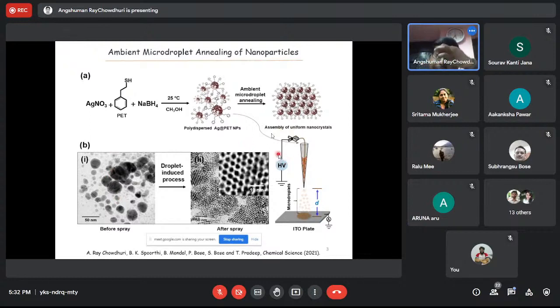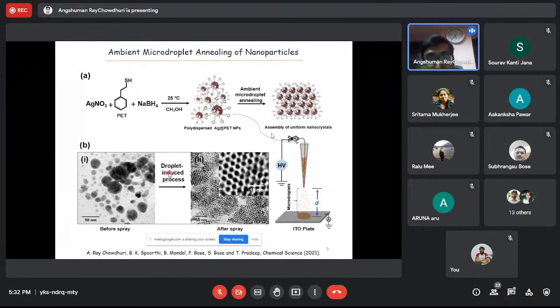That means we give some positive potential through the platinum wire electrode, and the polydispersed nanoparticles come through as droplets. As you see here, charged micro droplets are forming. The positively charged micro droplets are deposited on the substrate. The substrate is negatively charged and these droplets are positively charged. When deposited, as I told you, they get electrons and are reduced.